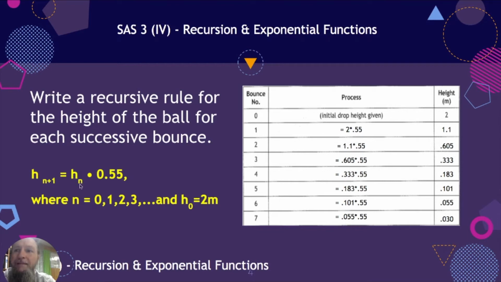So if n is 0, 0 plus 1 is 1. So h subscript 1 equals h subscript 0 times 0.55. Let's check our answer. h subscript n is 2, because it's bounce 0, times 0.55, and 2 times 0.55 is 1.1. So we describe it this way, where n equals 0, 1, 2, 3, and so on, and h subscript 0 is given at 2 meters.